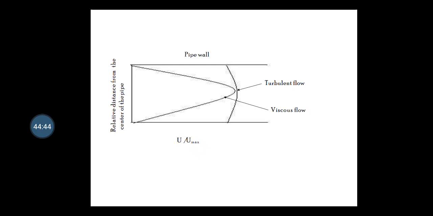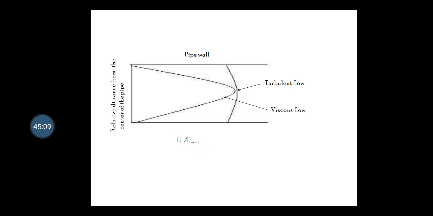On the y-axis, you can see the relative distance from the center of the pipe. On the x-axis, you can see u by u max, then at the top is your pipe wall, and in between you can see the turbulent flow and the viscous flow.